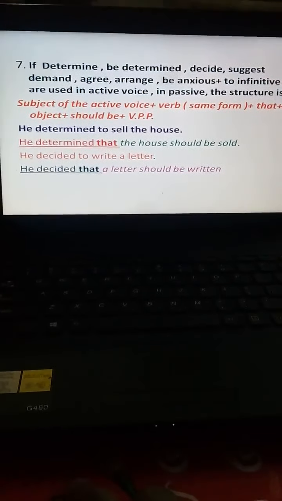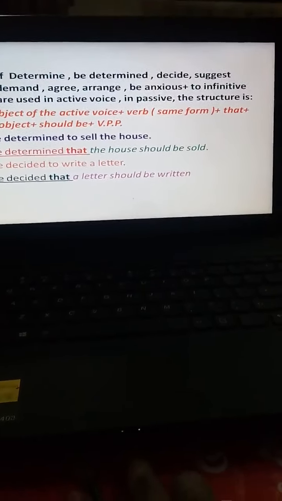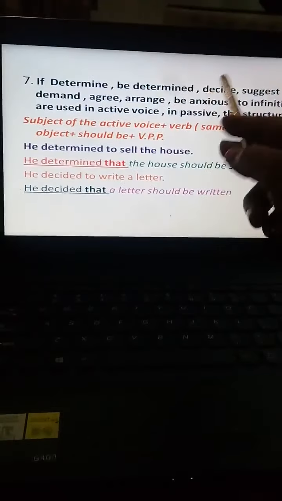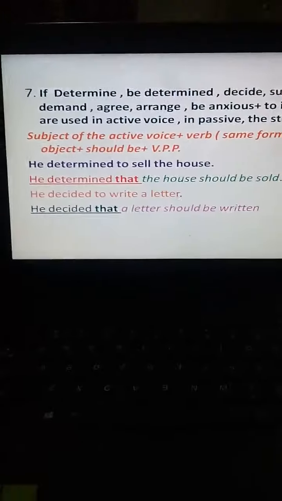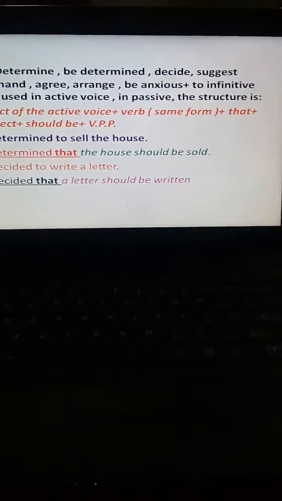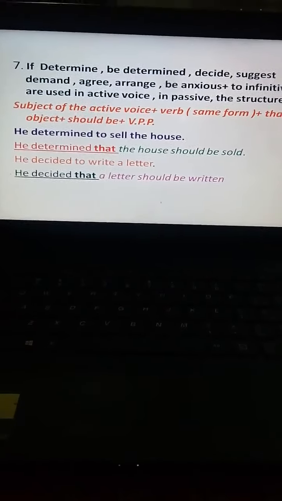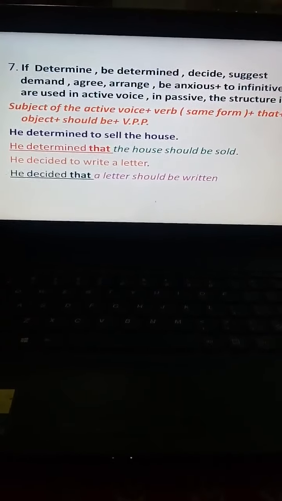In this slide, I'll show another rule. Sometimes you will find determine, be determined, decide, suggest, demand, agree, arrange, be anxious, plus to infinitive used in active voice.